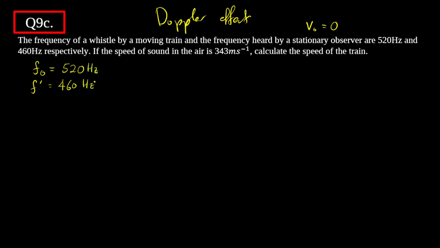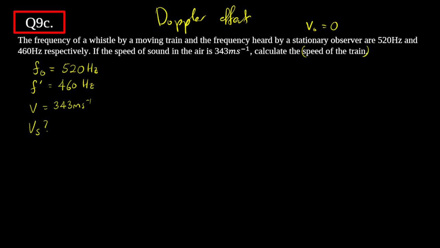The velocity of sound is 343 meters per second. Calculate the speed of the train, meaning the speed of the source. How do we work this out?